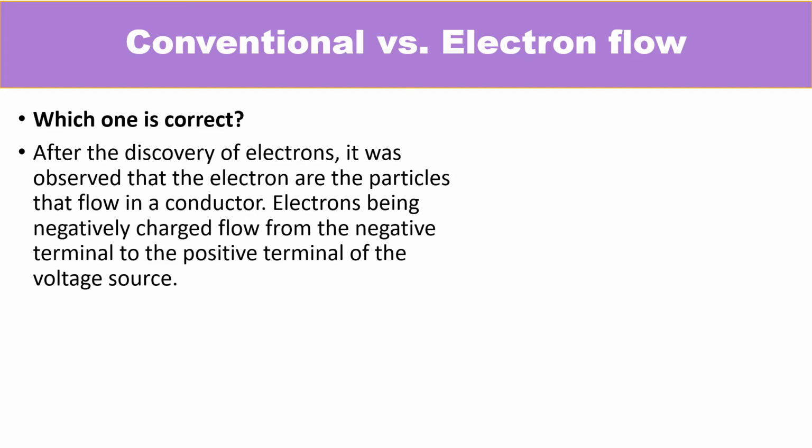After the discovery of electron, I'm going to put our good old Thomson. I want you to recall Thomson's experiment in Unit B. He's the one that proposed the chocolate chip cookie model.